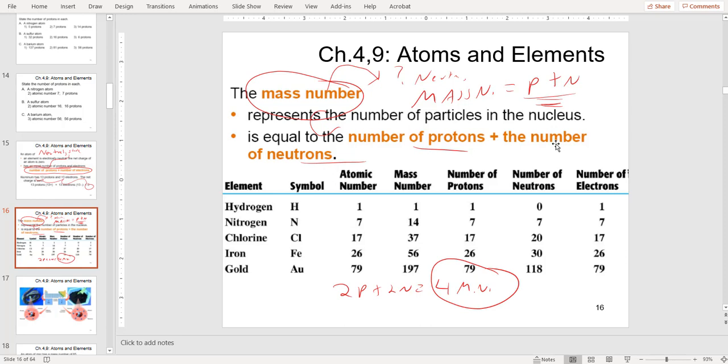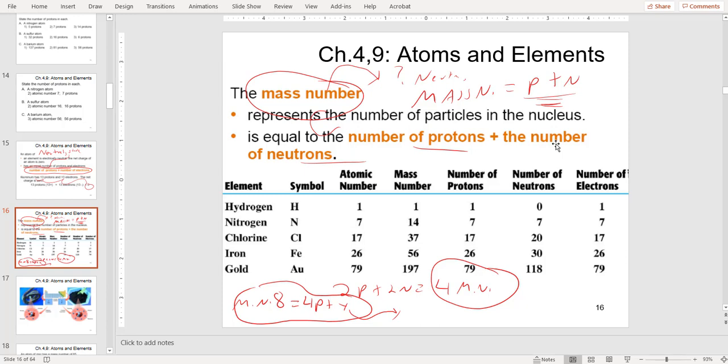If I were to have a mass number of 8, and I know that there's going to be 4 protons, then I can use simple algebra to figure out the number of neutrons.